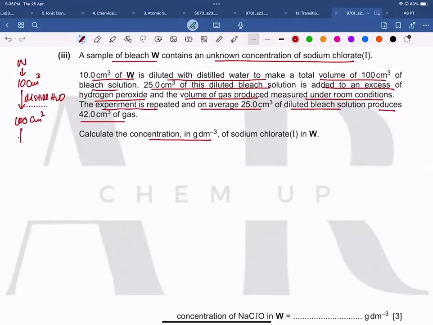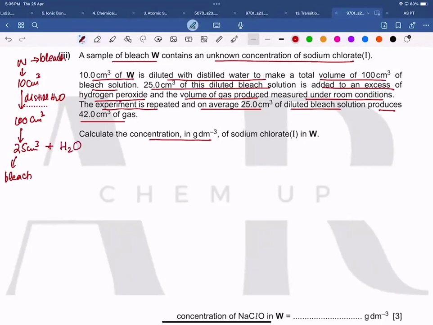And from that 100 cm³ of solution, 25 cm³ of this W, which is bleach, is taken out. This bleach is taken out, 25 cm³ from that 100, and it is added to an excess of hydrogen peroxide.